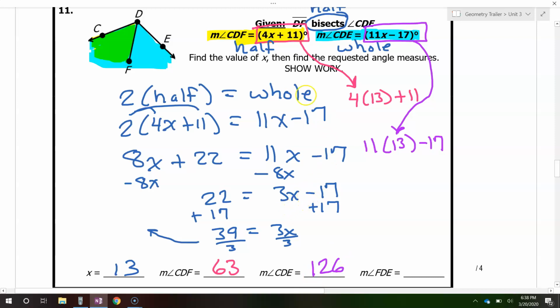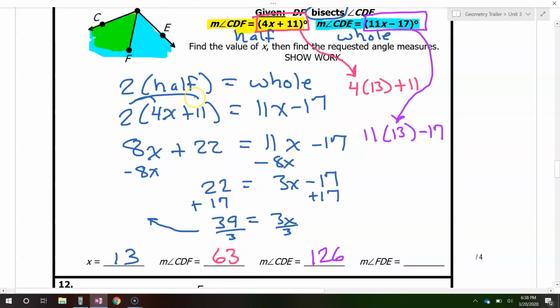All right, now remember that the first one was half. We knew this from the beginning. The first one is half, and the second one is the whole. So keep that in your mind. We know that this one is the half, that was the one that looks green at this point. But this one was the whole thing. That was the blue one. So it makes sense that 126 should be double the 63.